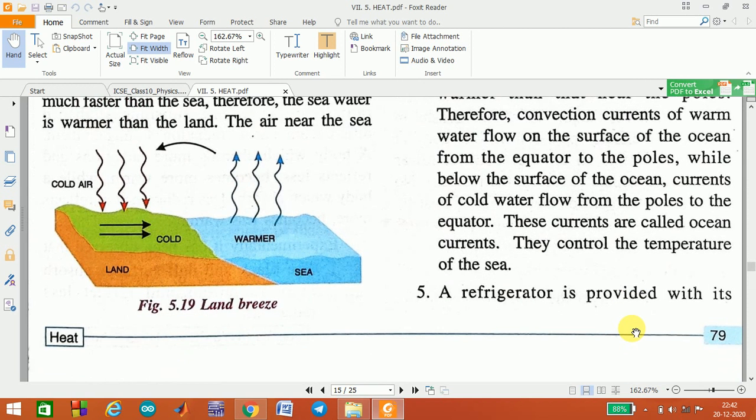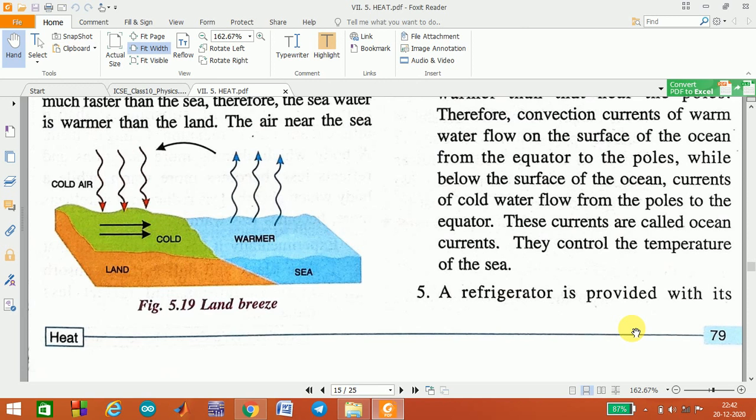See the figure, this one is the land breeze. So in the land breeze, what will happen? At night the land cools much faster than the sea, therefore the sea water is warmer than the land.